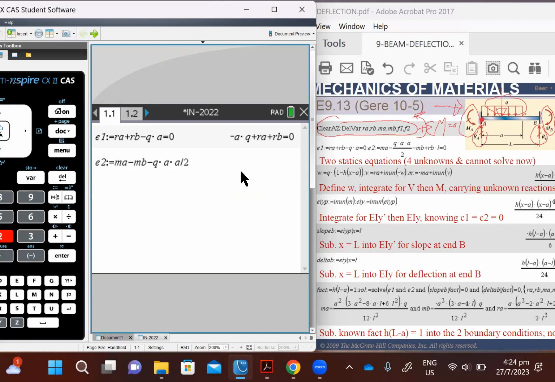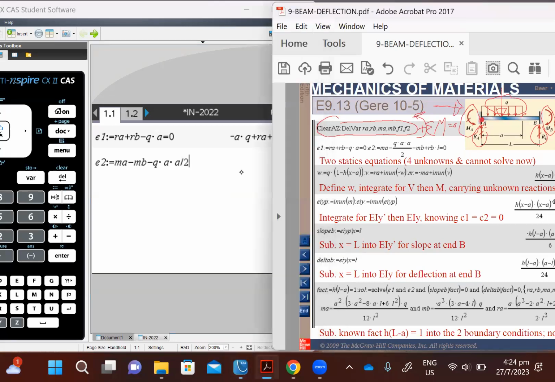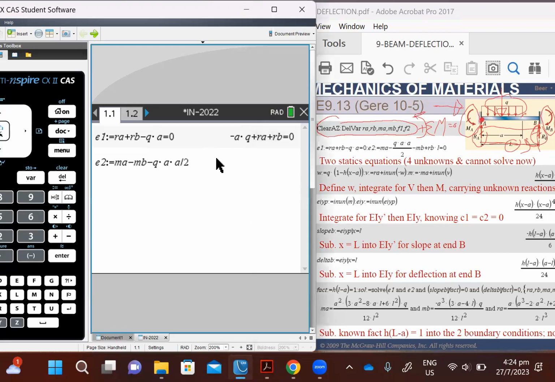And let's not forget that there's also R sub B that is occupying a moment arm of L. And it's a positive moment contribution because it's generating a counterclockwise moment, R sub B times L. So it's a plus, oops, I need to go back to my calculator, plus RB times L equals 0.